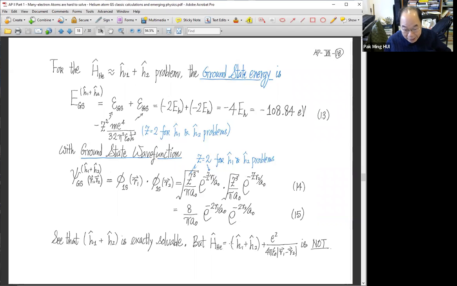The real problem is there is a 5th term. So the first 4 terms are exactly solvable, but with the 5th term, the interaction term, the problem is not exactly solvable.